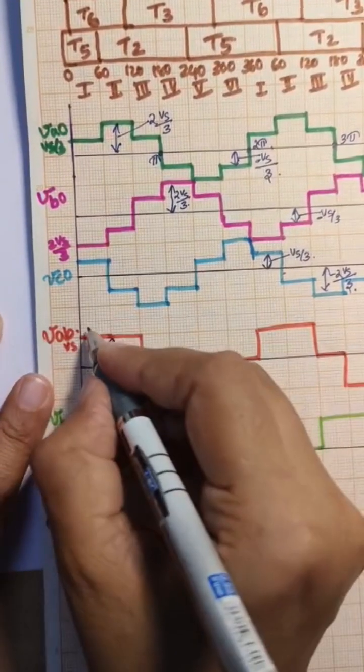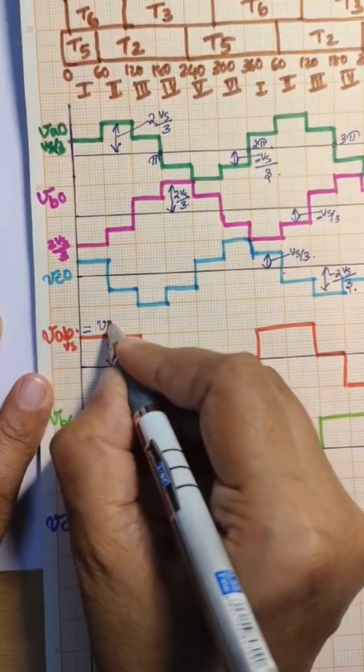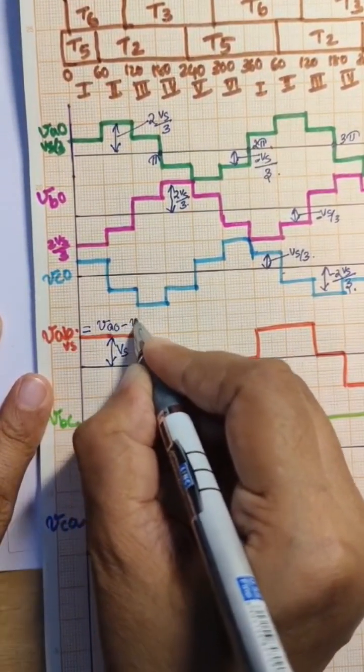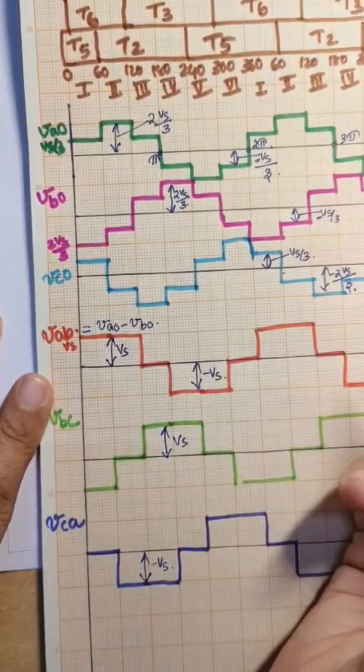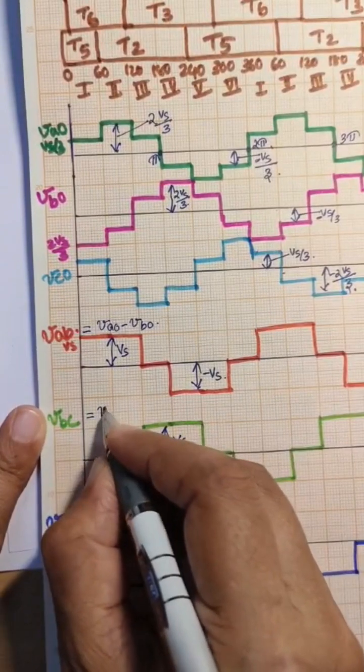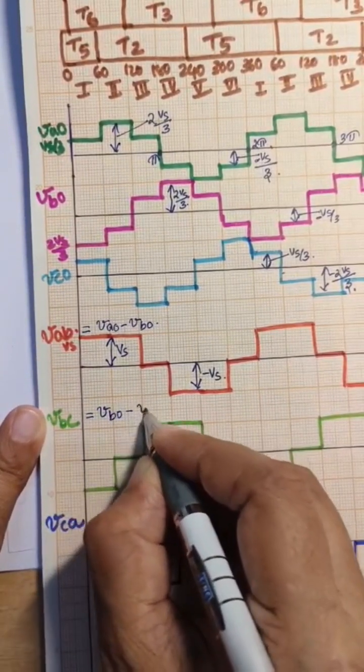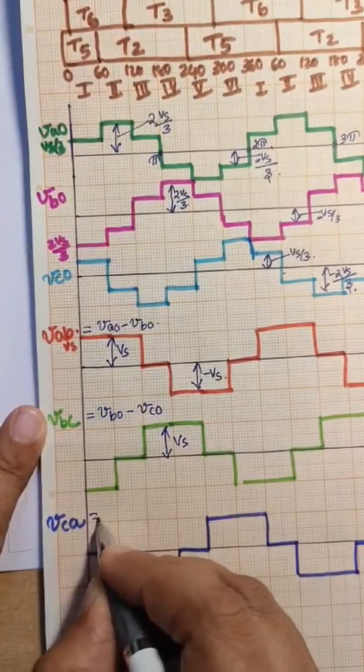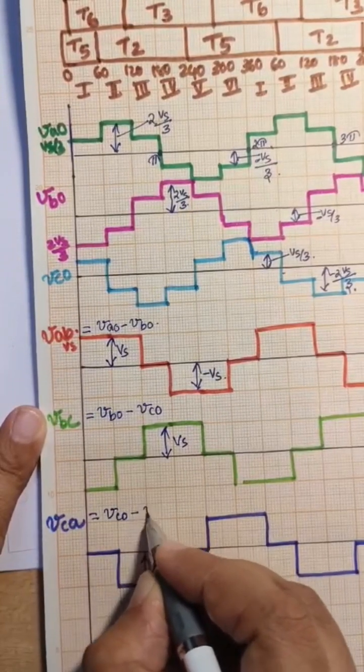And here also we can indicate VAB equal to VAO minus VBO. Similarly, VBC is equal to VBO minus VCO. VCA is equal to VCO minus VAO.